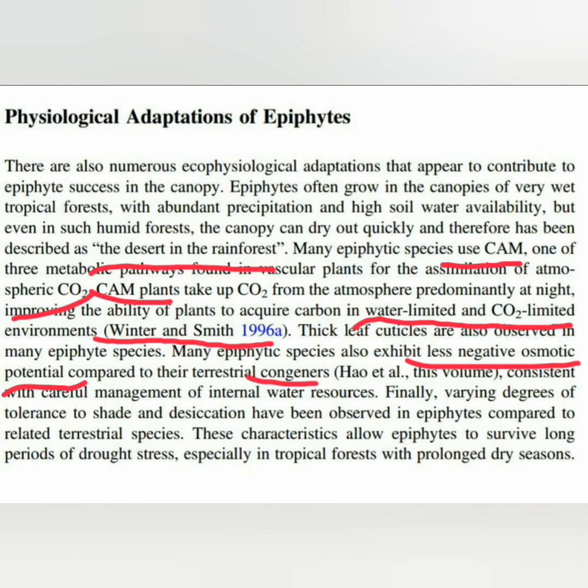In a solution where there are solutes, less water will flow out to the environment, whereas in pure water, the water can move out more freely. Water always flows from a low solute concentration environment to a high solute concentration environment. So these epiphytic plants exhibit less negative osmotic potential compared to other plants.